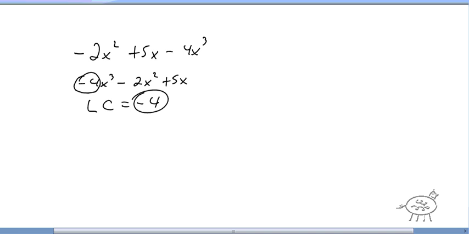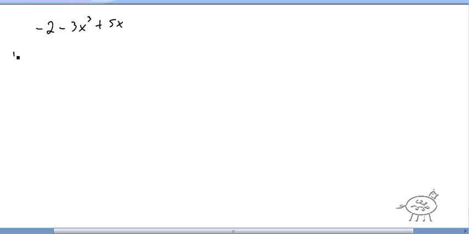All right, so I can ask you a bunch of different things. So actually, let's try a couple problems here where I actually ask you to do everything we've learned so far. All right, so here's the problem. Negative 2 minus 3x cubed plus 5x. And I ask you to put it in descending order, tell me the leading coefficient, tell me the degree, classify by degree, and classify by number of terms.